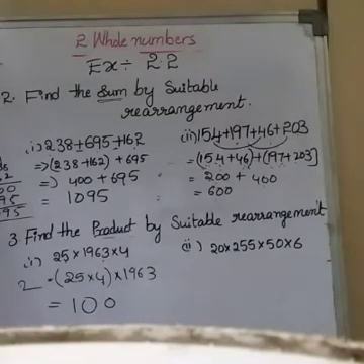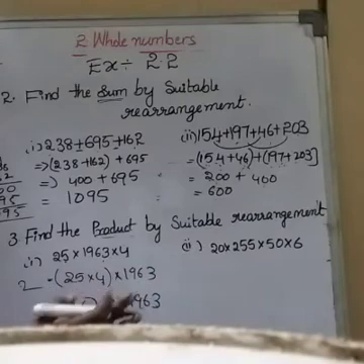Okay, 100 into 1963. 1963 into 1 is 1963. Put the remaining two zeros on the right side. Multiplying like this is very easy, because we know 25 into 4 is 100. Then multiply the remaining product, very easy. Arrange it like this, suitable rearrangement.